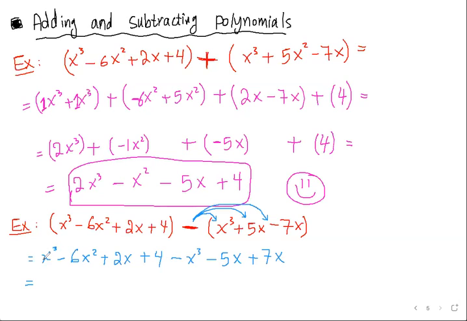Now we're grouping like terms. This means variables with the same power, we put together. So I have x to the power 3 here, and I have minus x to the power 3, plus, this is fixed, the plus. I have minus 6x squared, and here, sorry, in the example I have a square here, don't forget the square.